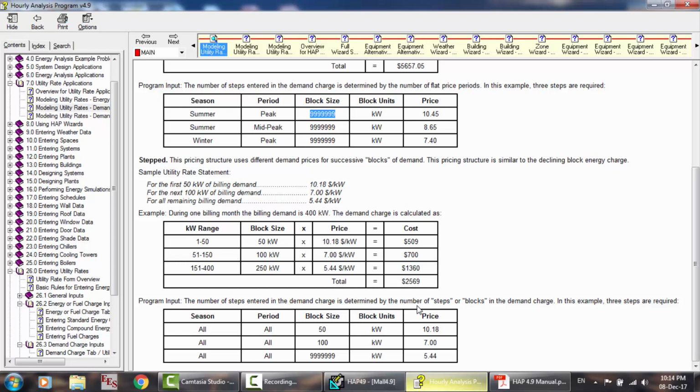Okay, you can do this by hand. As for the input in the program, the number of steps entered in the demand charge is determined by the number of step blocks in the demand charge. In the example, 3 steps are required. So all seasons, all periods, block size 50, 100, and here the last step, always in kilowatts, and here the price like this.